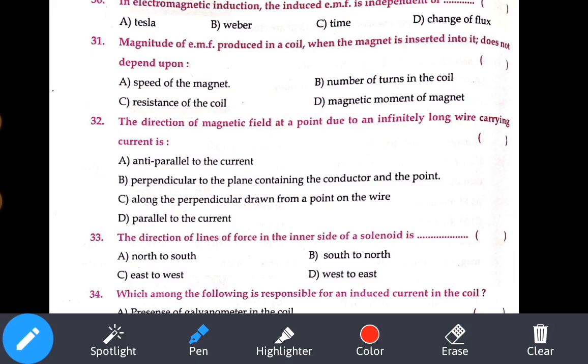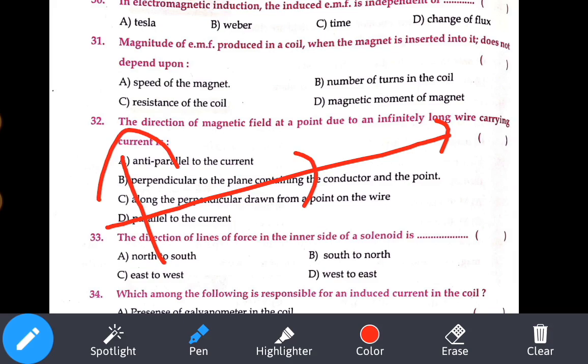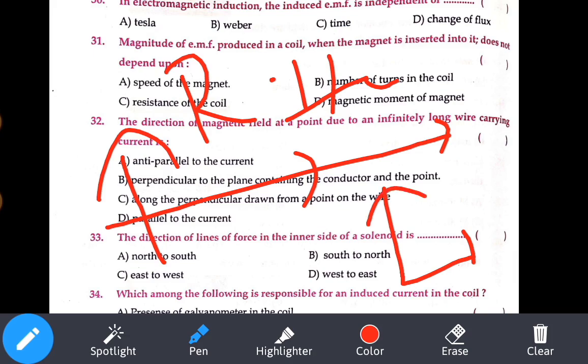Next one, 32nd question. The direction of the magnetic field at a point due to an infinitely long wire carrying current is. If you take any wire with current passing through it, we can observe the magnetic field according to the right hand thumb rule. When the current is moving through the conductor, magnetic field will be generated.